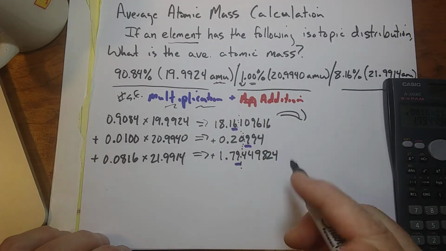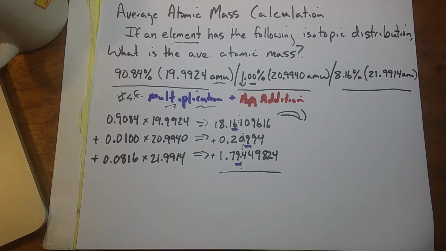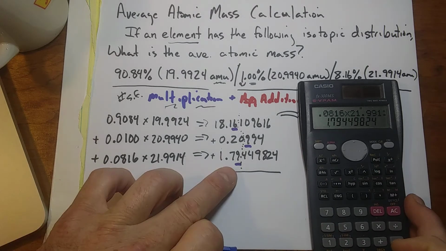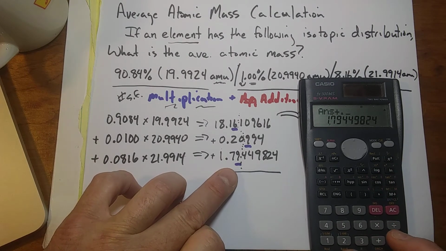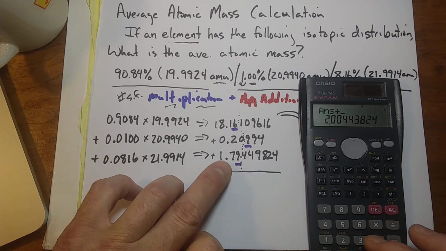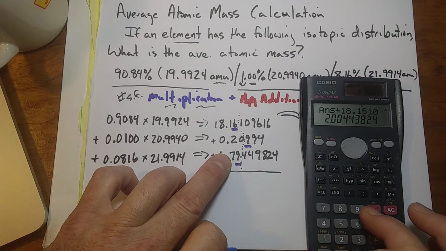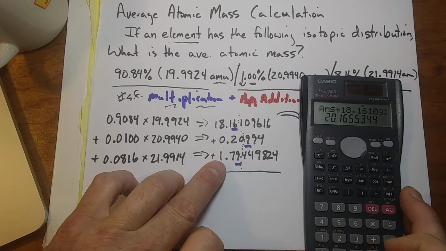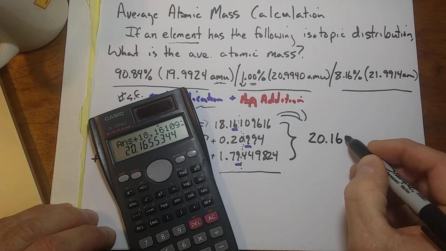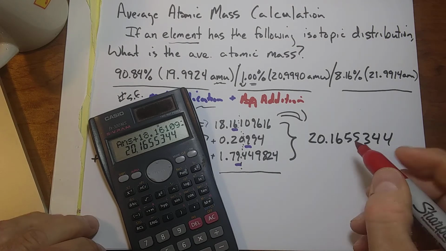And we're going to go ahead and combine all of these. So we're going to add that together, but we're going to cut at the very end so that we get back to the hundredths place. So I'm going to take that value that we had here and add to it 0.20994 plus 18.16109616 equals, if I do all this, the addition, I would get 20.1655344, and I'm going to go back to underlining because of place value.